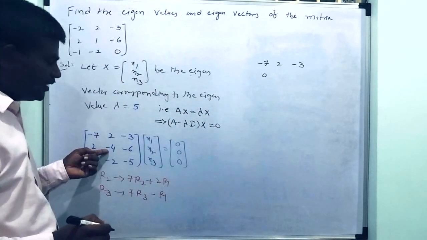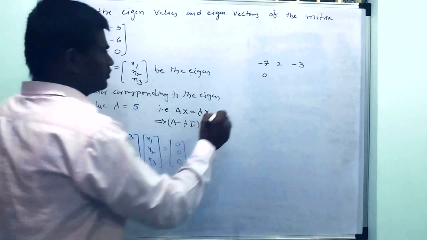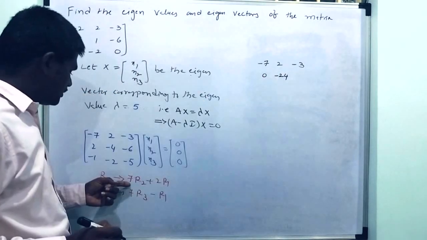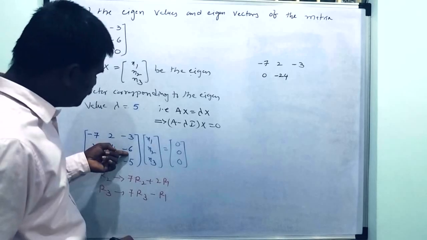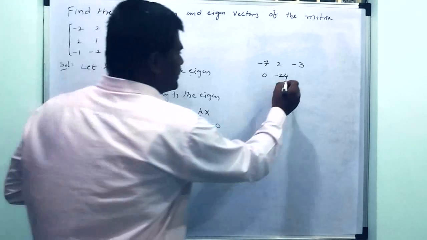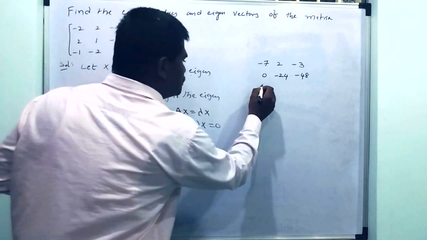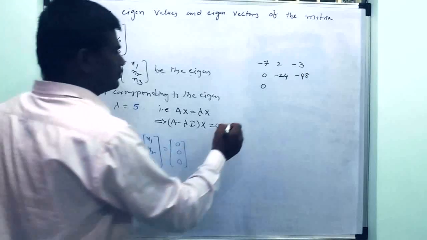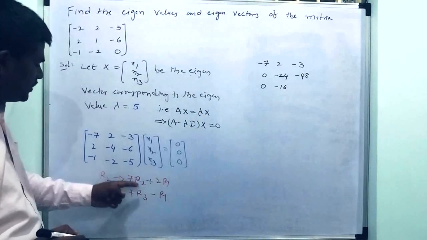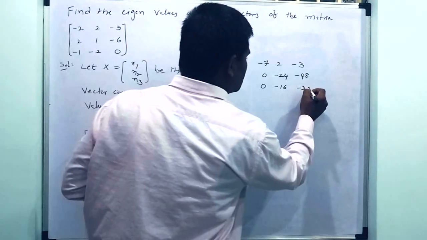Minus 28 plus 4, minus 24. And 7 sixes are 42, minus 42 minus 6, minus 48. And minus 7 plus 7, 0. 14 minus 2, minus 16. Minus 35 plus 3, minus 32.